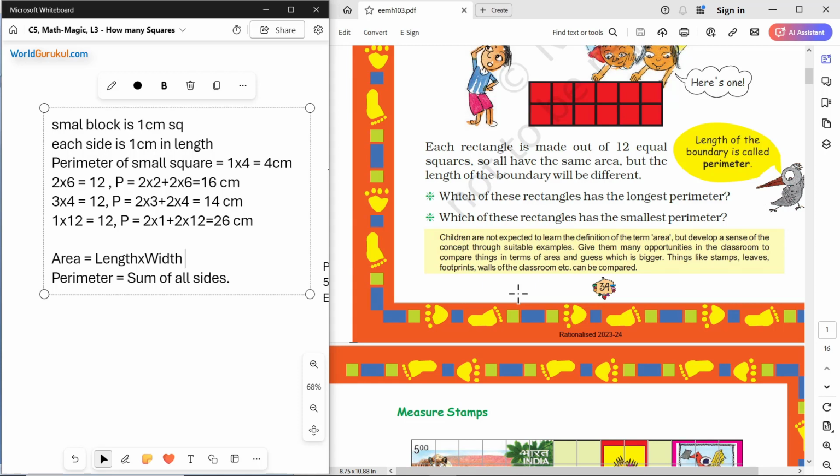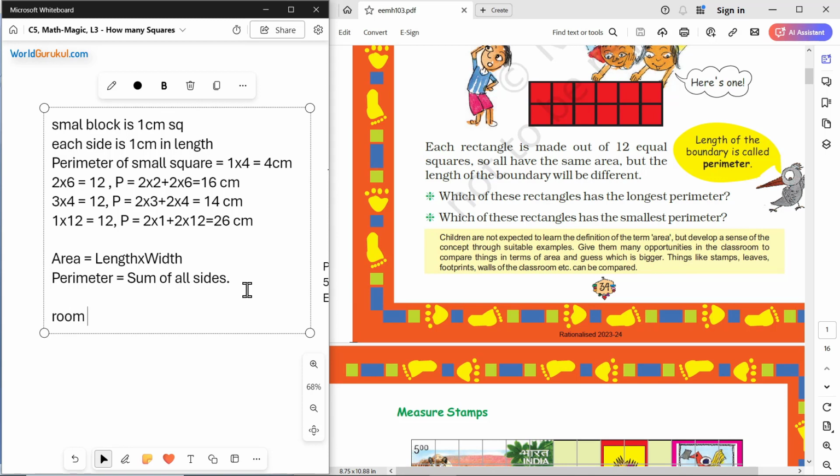So 1 foot by 1 foot means it's 1 square feet, and 2 by 2 means it's 4 square feet. So if you count the number of tiles, then you can know the area of your floor, of a particular room or the entire house.